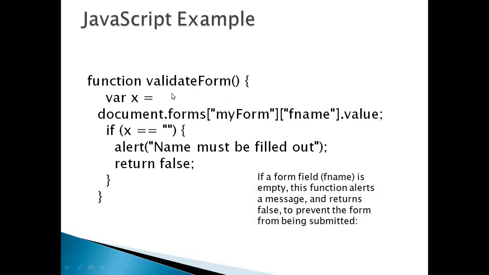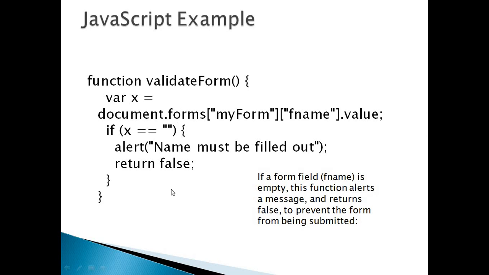Here's the start of the function. I declare a variable. By document.forms, the name of the form, and the name of the field dot value, I am getting the value of that particular control, that is fname, and it will check if it is blank. That means if it is empty, then it will show an alert message, name must be filled out, and return false. So it is a small example of JavaScript validation.